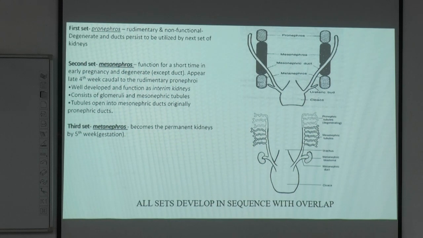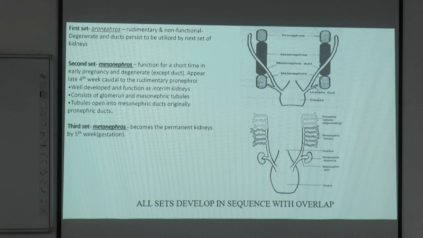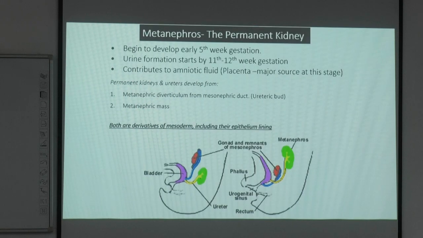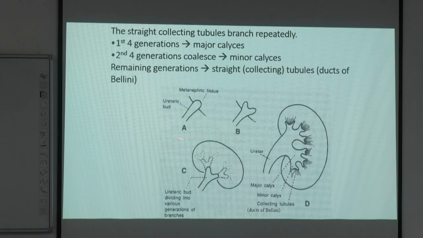This ureteric bud initially encroaches into the metanephric kidney or metanephric tissue, growing like a bulge. It grows into the metanephric tissue and splits down into smaller branches. As time progresses, the smaller branches grow deeper into the developing kidney tissue and form the system known as the collecting duct system.